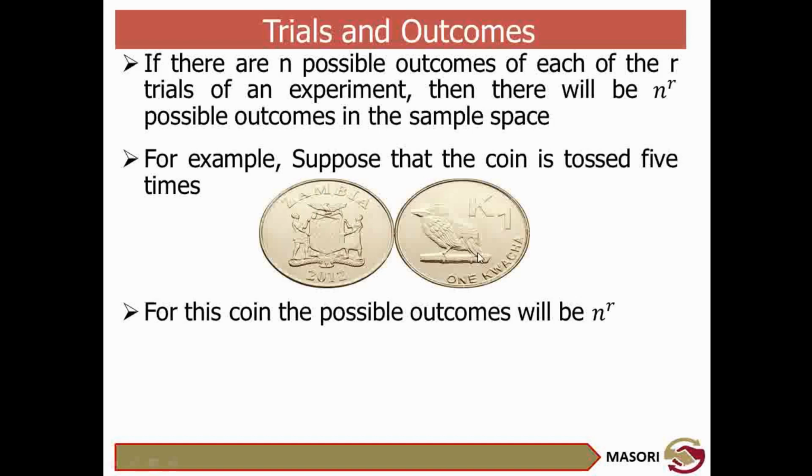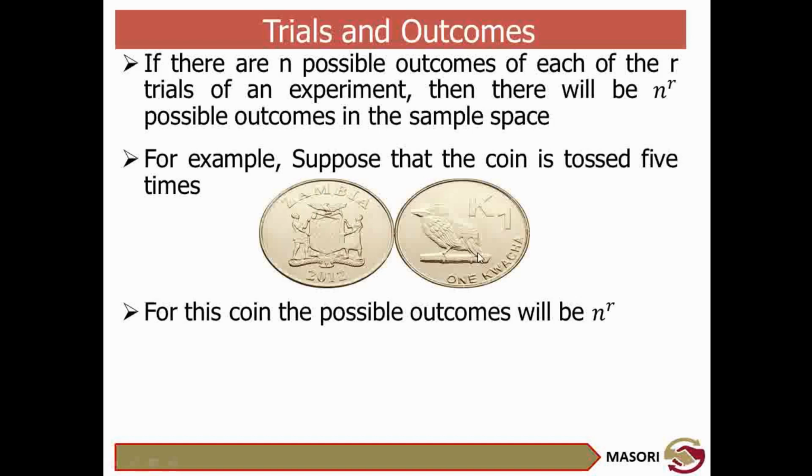In this example, our n is 2 because we know that a coin once tossed can land either head up or tail up. In this case, coat of arms up or the bird up.